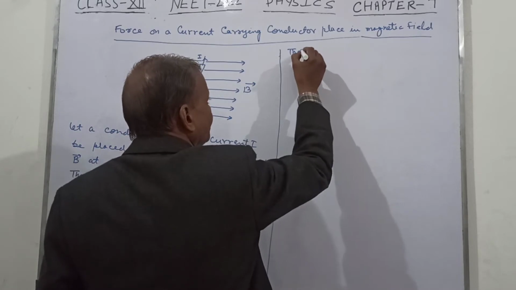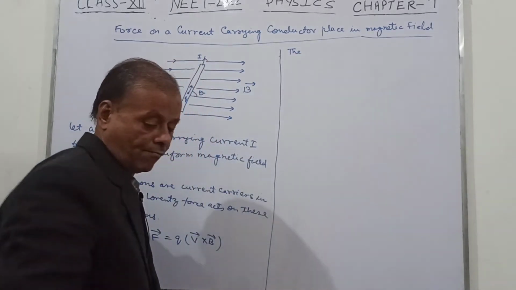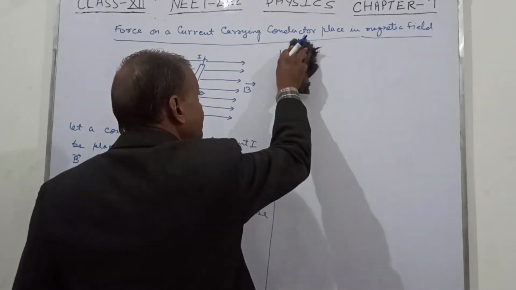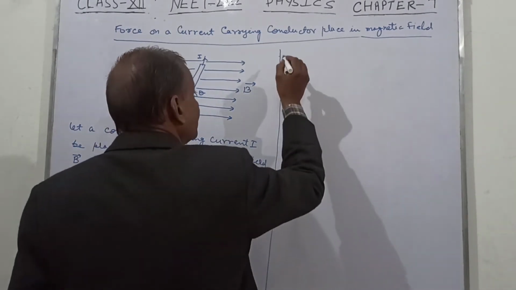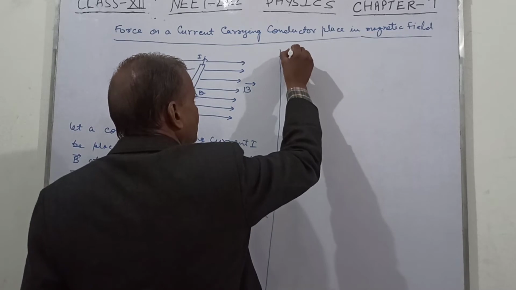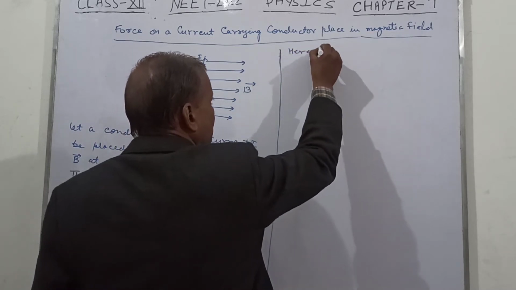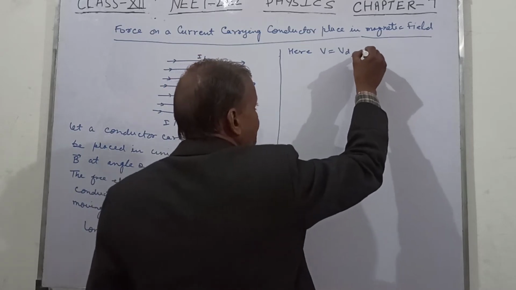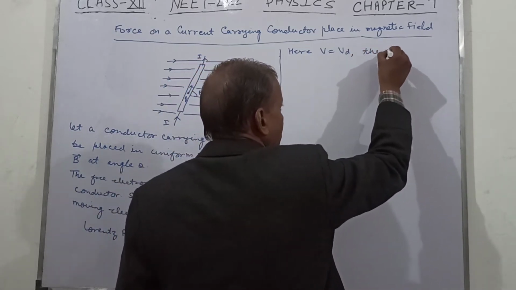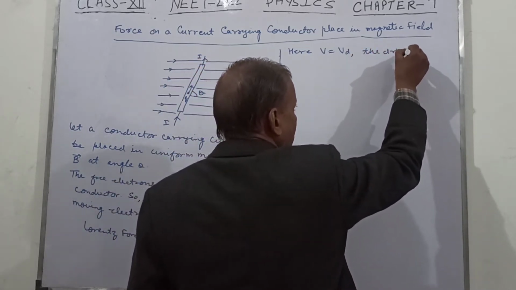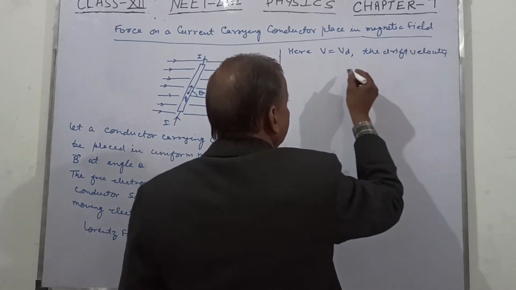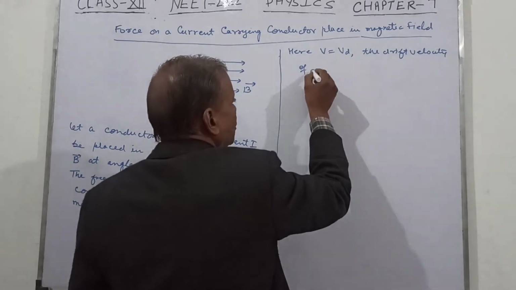Here v equal to vd, the drift velocity of the free electron.